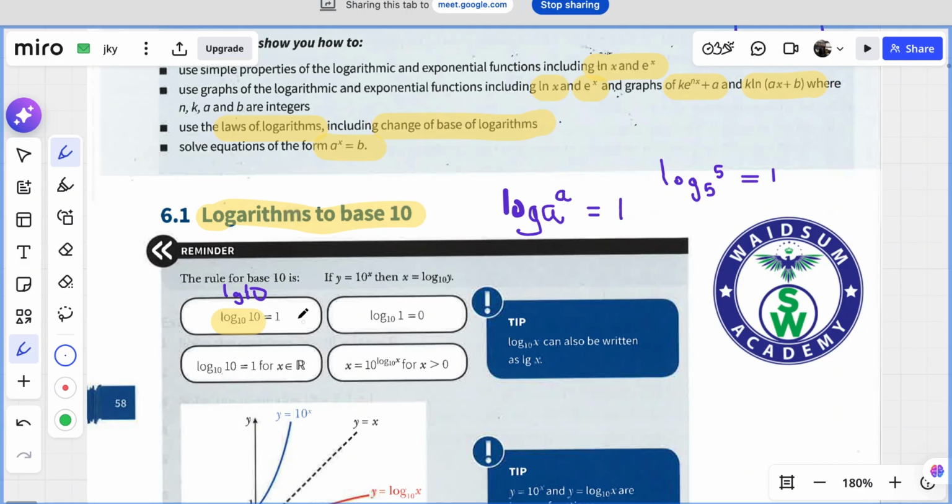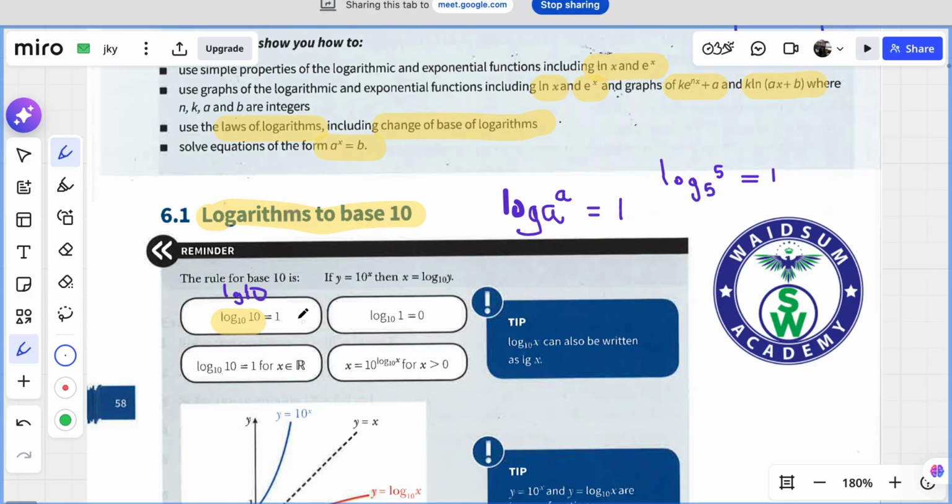Now let's go to the graph of exponential and logarithm function. Exponent is when you take a number, let's say 5, to the power x. This is an exponential function, or 10 to the power x.